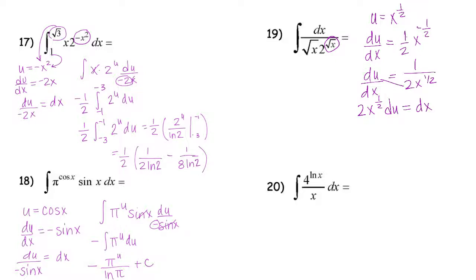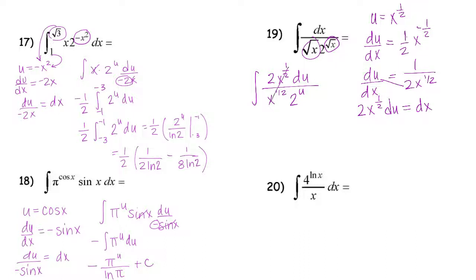And we can come back over here and substitute in. We have, in place of dx, 2x to the 1/2 du over the square root of x, which is really just x to the 1/2, and then 2 raised to the u power.